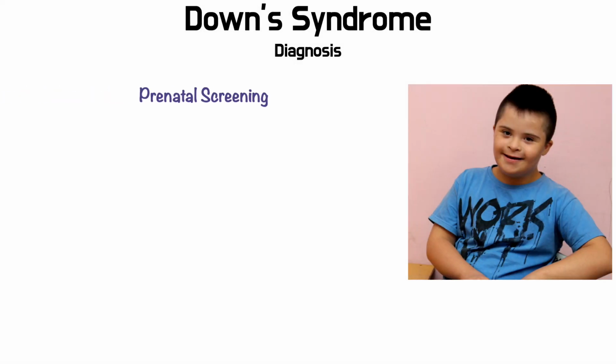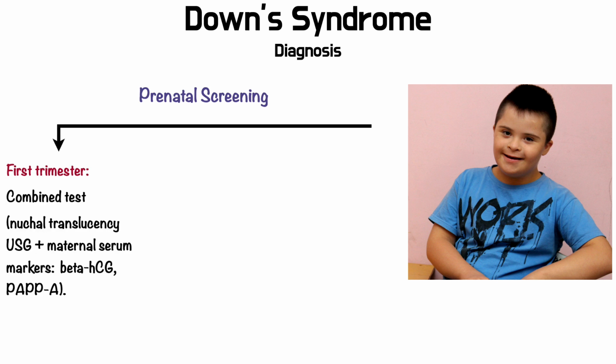The diagnosis is done in different manners, like prenatal screening. There are three different things in the first trimester. What you do is the combined test, that is nuchal translucency in ultrasonography, almost greater than 3 mm, plus maternal serum markers like increased beta hCG or PAPP-A, which are indicative of Down syndrome.